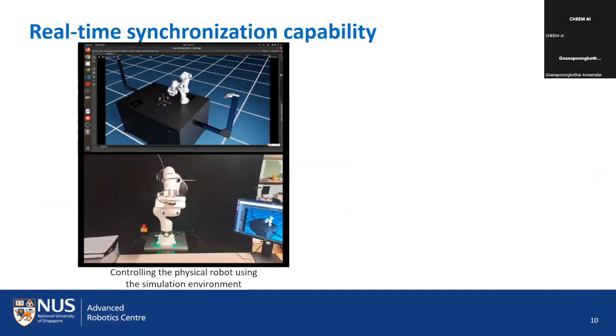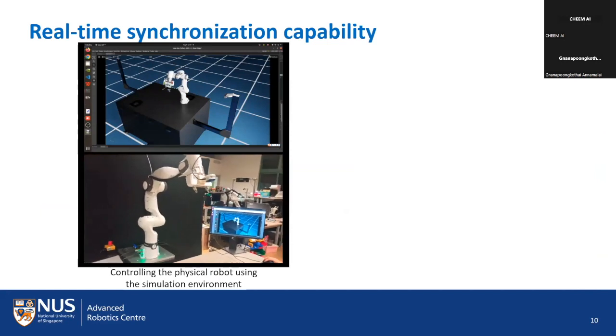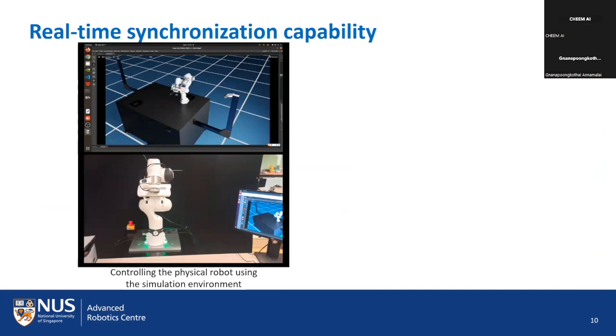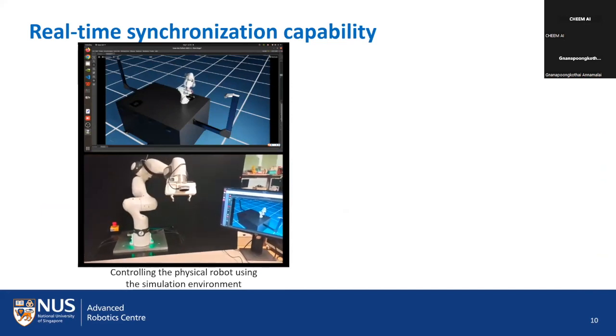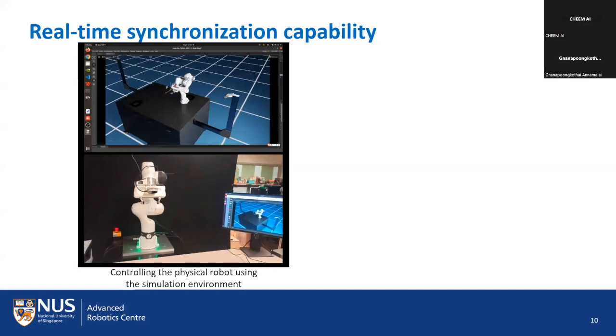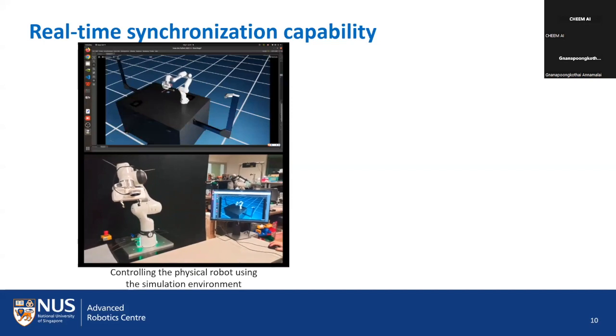The advantage is that we can first test out a grasping system in simulation, and then using that same code replicate the same grasping and manipulation process in the real world using a real robot.